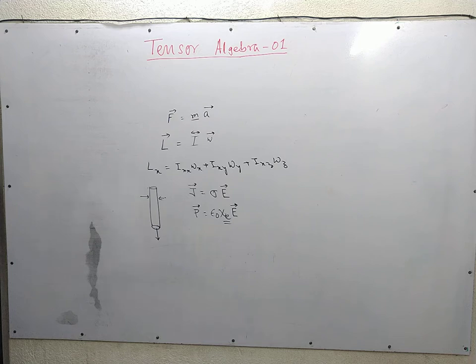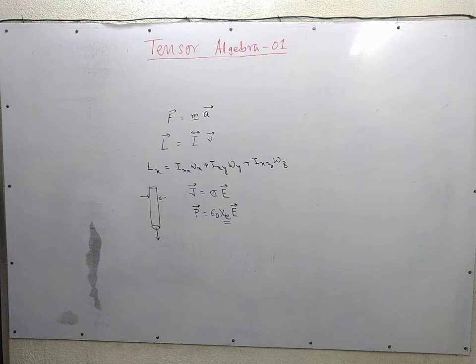All these examples that we have cited so far discuss the tensor of rank 2, which originally was treated in terms of a quantity called dyadic. But the definition of tensor that we will learn in this lecture is not only applicable to tensor of rank 2, but it can be extended to tensor of any rank.